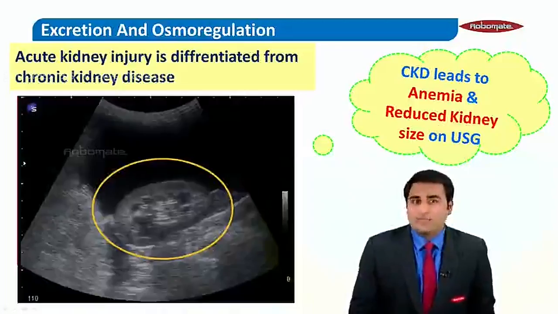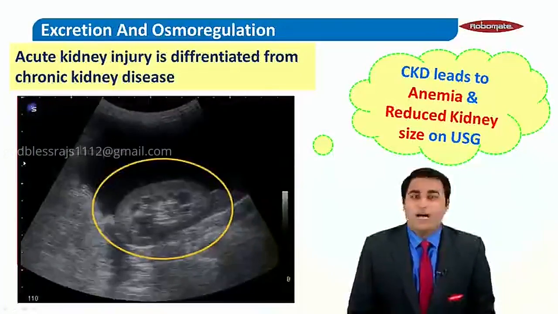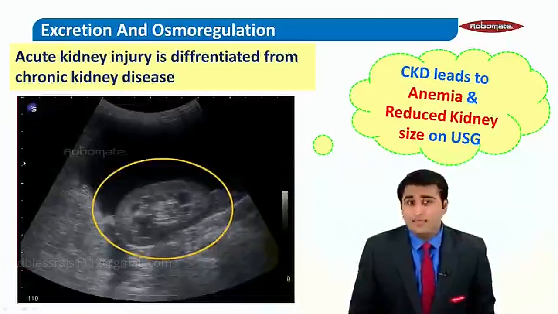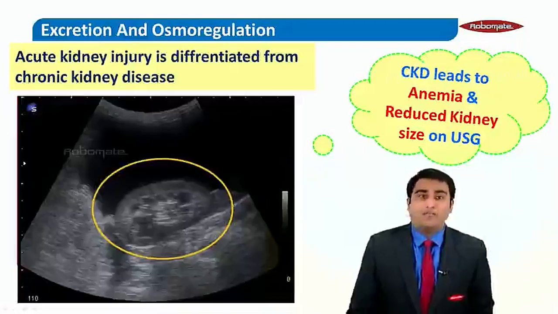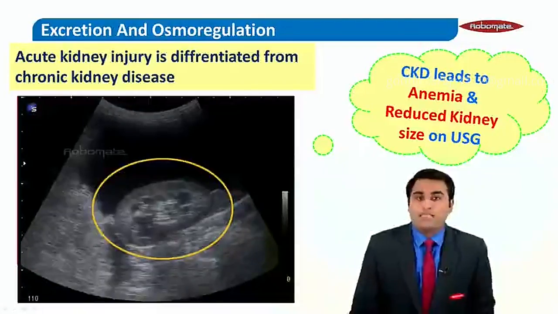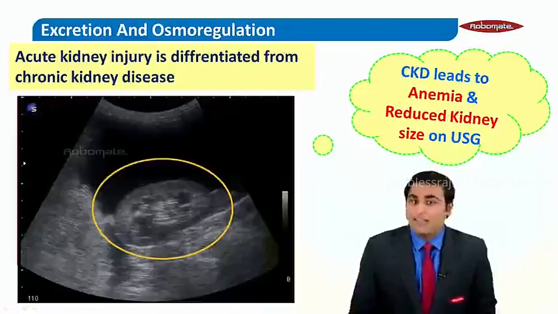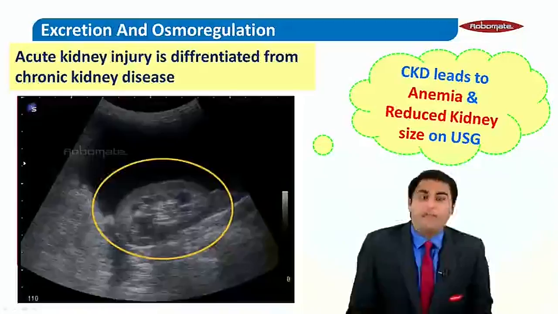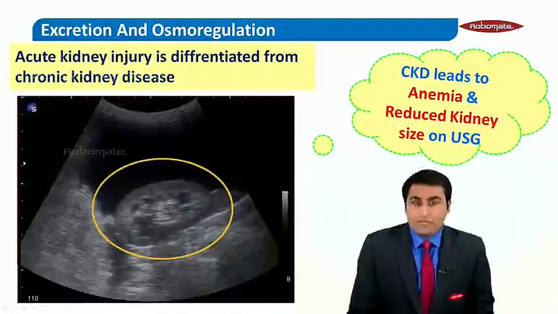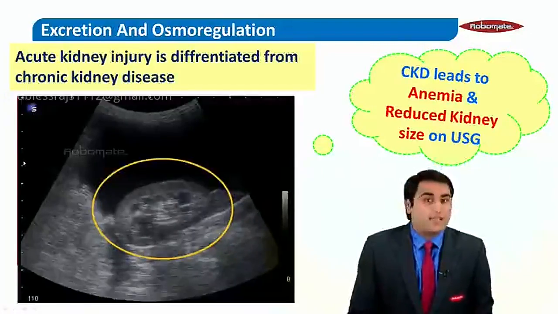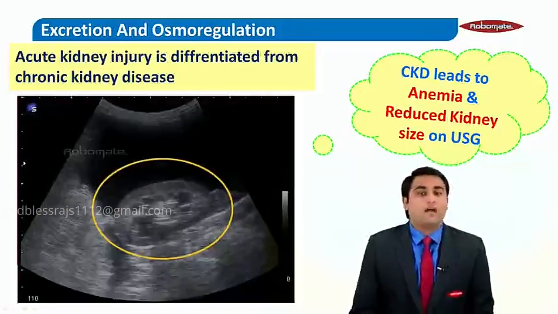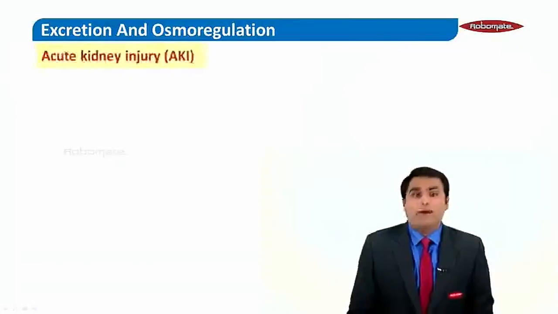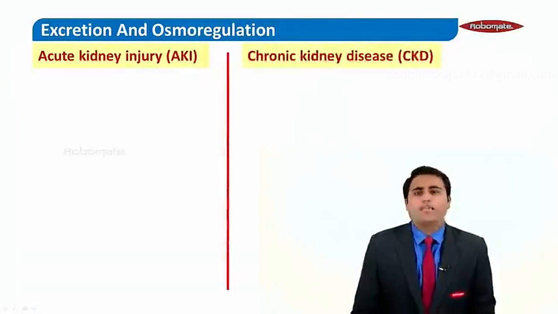So along with serum creatinine blood tests, checking for anemia, and seeing the size of the kidney on ultrasound, we can differentiate between acute kidney injury and chronic kidney disease. Now let's see in more detail about acute kidney injury and chronic kidney disease.